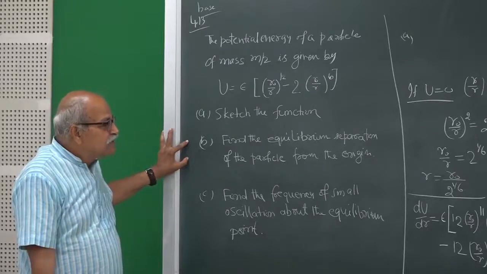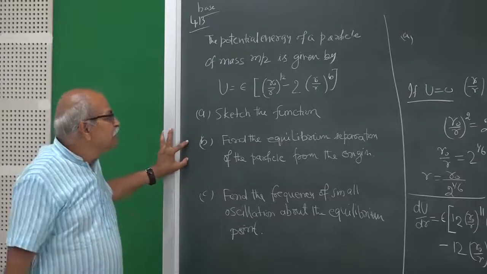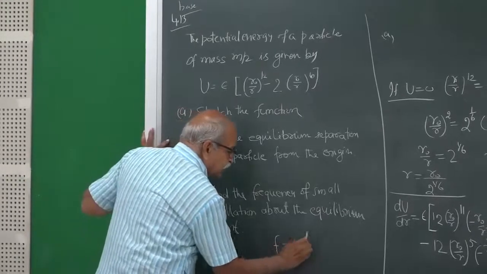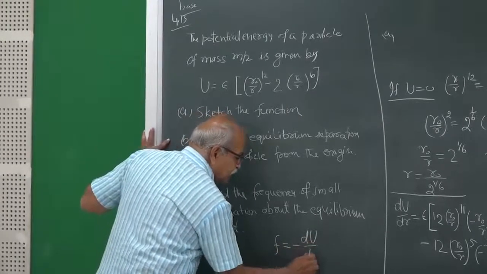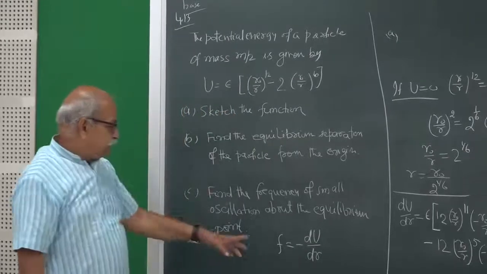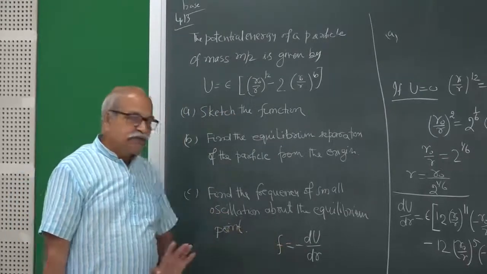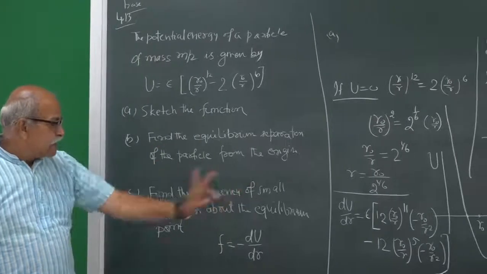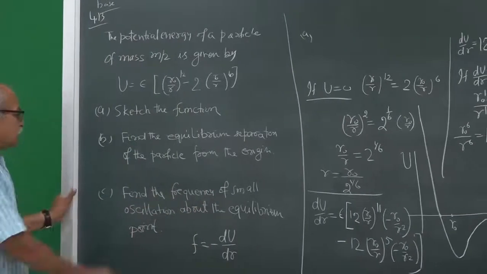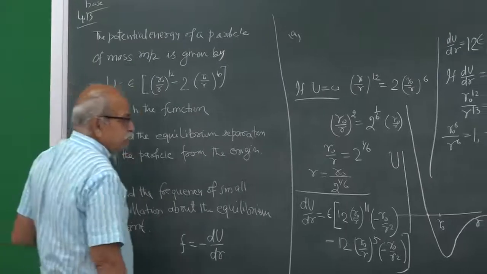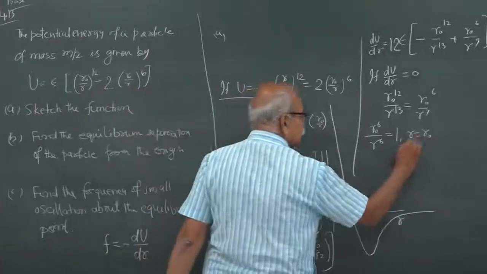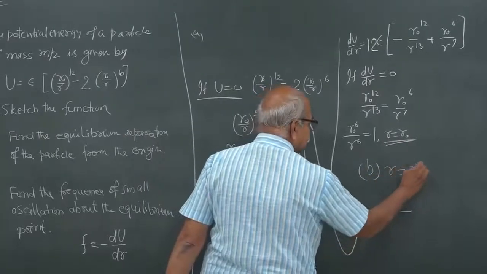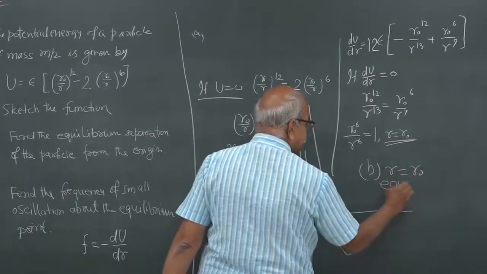That happens when this potential energy is minimum, because force is given by negative of du dr. So, if force is 0, du dr is 0, and therefore, the equilibrium position will be at r equal to r naught. So, this is also done, this will be the answer, r equal to r 0, this is that equilibrium position.